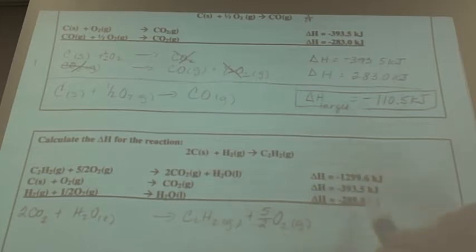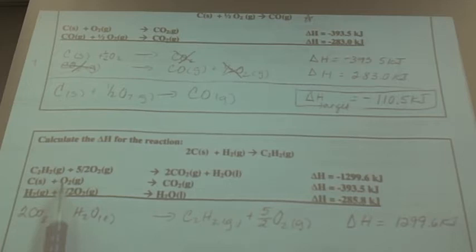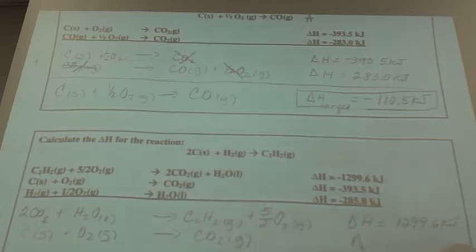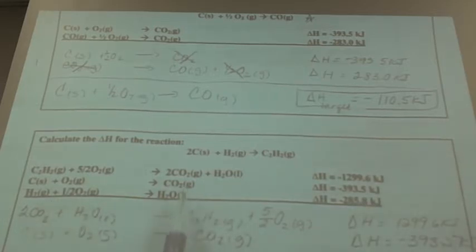And since I flipped this equation, I will flip the sign of delta H. All right, now looking at the second elementary reaction, I see that I do want carbon as a reactant, so I'm just going to leave that one as written. And for my last one, I do want liquid water as a product, so I'm going to leave this as well.